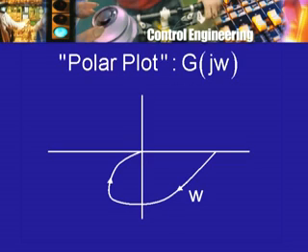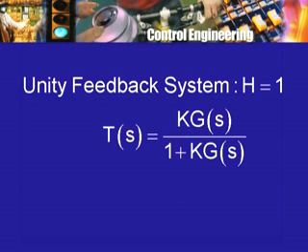So, if this is for some value of omega and I want to find out T(j omega) at this point, what I have to do is take this complex number, G(j omega) here, multiply it by the gain K which I have selected, whatever the value of gain K, then add 1 in the denominator and calculate this, then take the absolute value and the argument of this whole number.